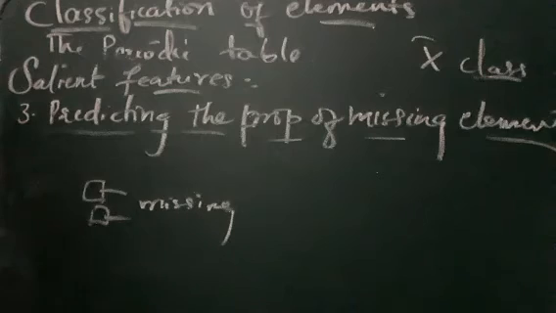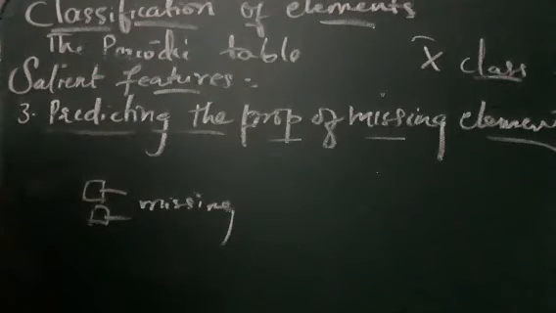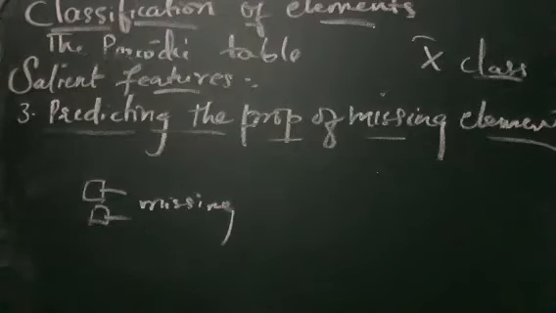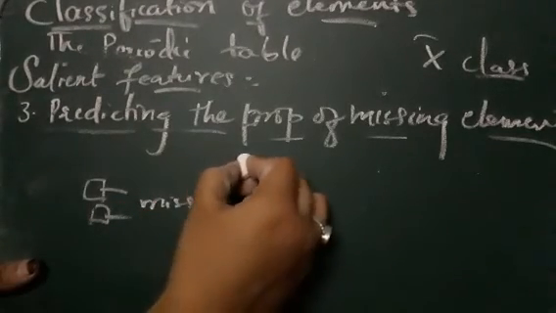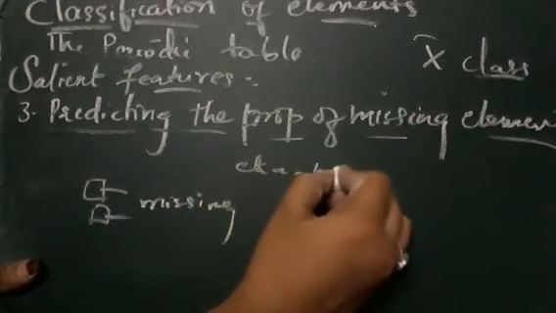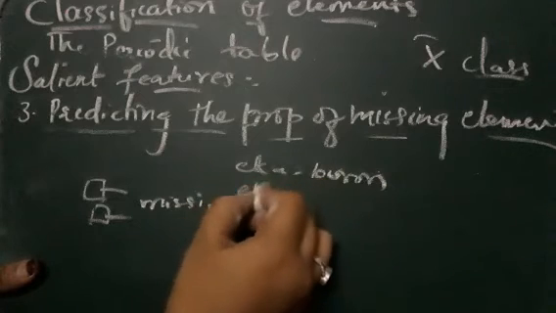Eka is a Sanskrit word for numerical one, and it was prefixed to the name of the element immediately above the empty space. In the periodic table you can find Eka boron, Eka aluminium.